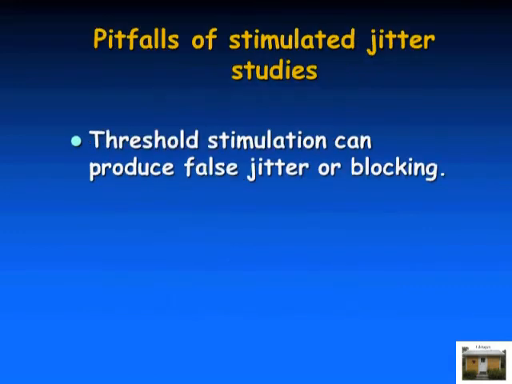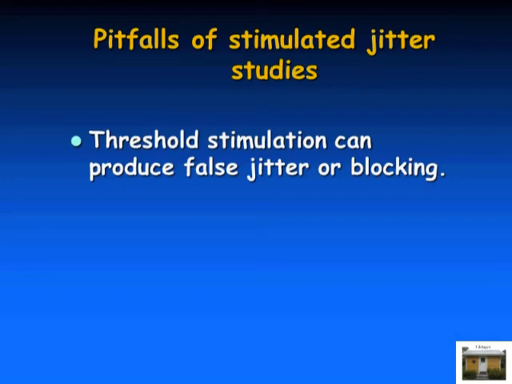This is one of the major pitfalls of stimulated jitter studies when you're doing it with intramuscular stimulation. If you're using stimuli that are very close to the threshold and you stimulate a muscle fiber, that can induce jitter because the slight variability around this threshold that is inherent in the current flow and probably also in the activation threshold for the fiber can cause false jitter and even blocking.